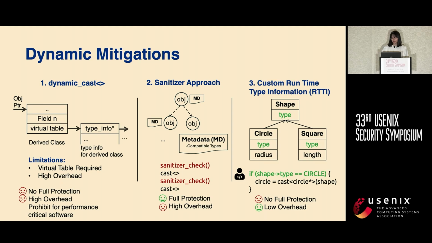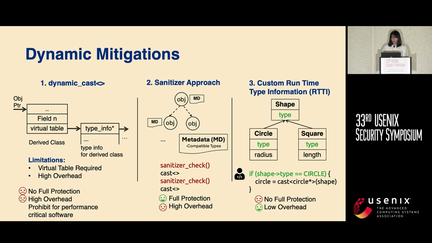The last approach is the custom runtime type information, RTTI for short. If we still remember the first field declared in the base class called type, developers usually initialize this type along with the object allocation, and then before they do the casting, they check if this type is the specific type they want.